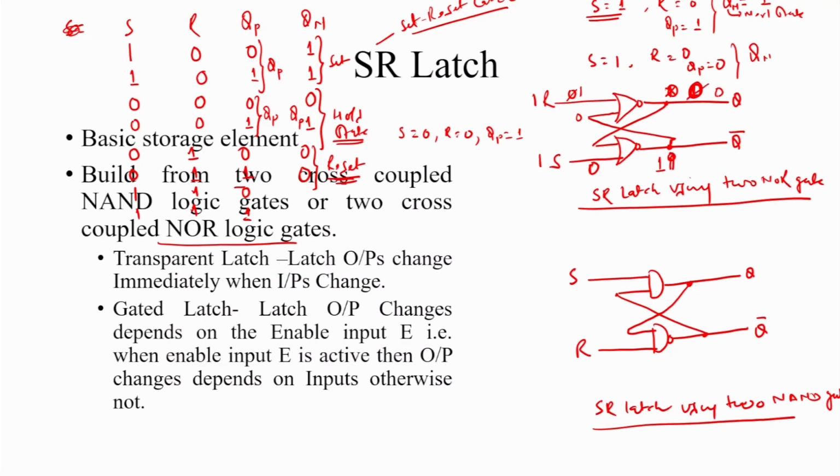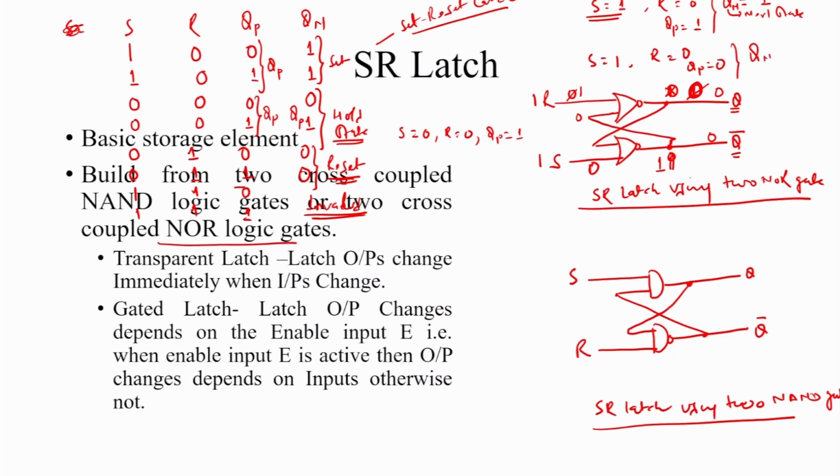One output represents Q and the other its complement, and here Q and Q complement both have the same value 0. This means this is an invalid situation. This input is invalid; it does not work when both R and S are 1.